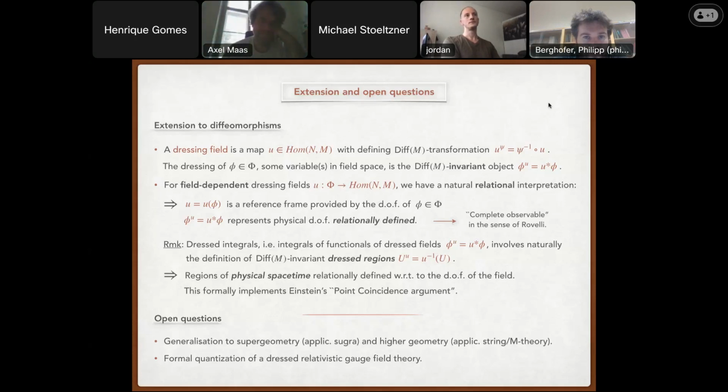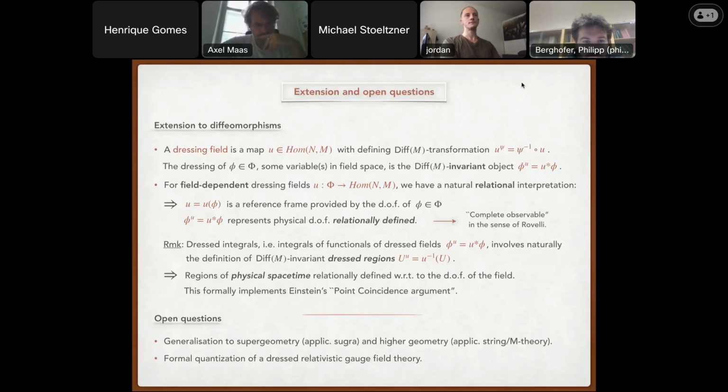Yes, but what I mean is there is a further question here, which I think has been overlooked. I agree that the dressing field method, the way to eliminate things, works kinematically, just at the level of field space.